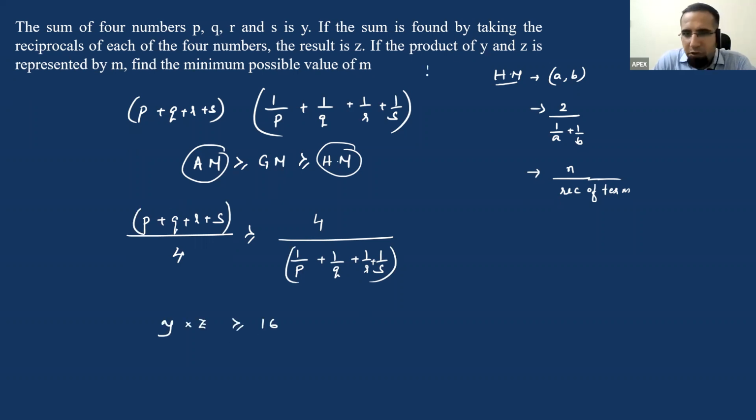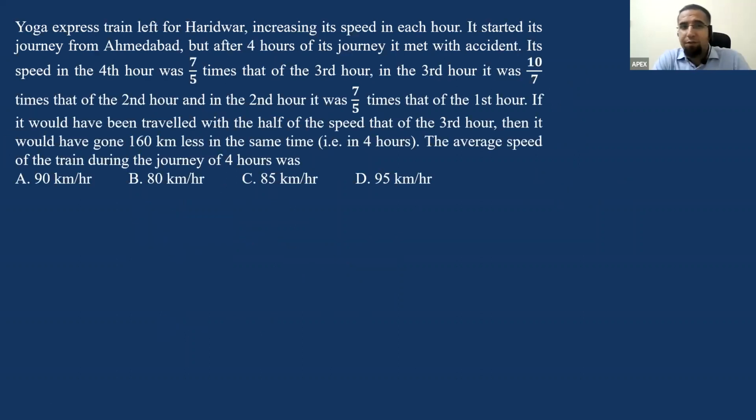So therefore, the minimum possible value of this product becomes 16. I don't see a reason why you should not be solving this, because it's a question which is coming directly from the classroom models, right? So therefore, three questions that you should have converted right at the beginning of the paper. Clear, guys? Let's move to the fourth question, which is again a very easy question on speed, time, and distance.